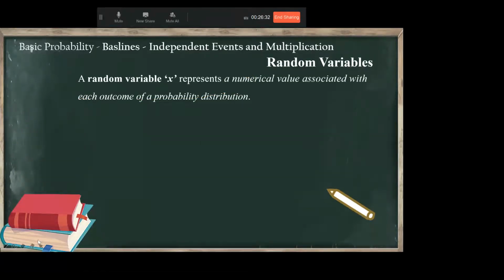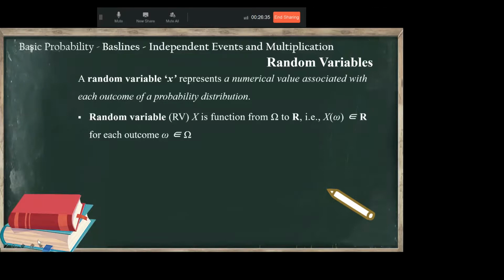So we have the total sample space. If I ask you among those: head, head, head; head, head, tail; head, tail, head; tail, head, head; and similarly tail, tail, tail, and so on.